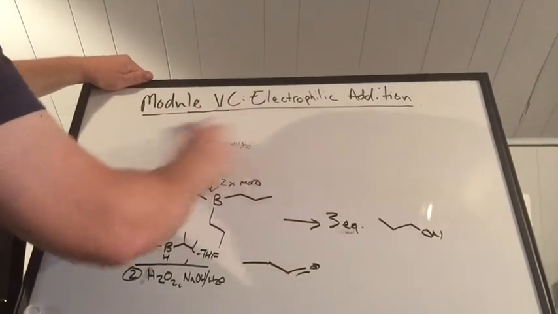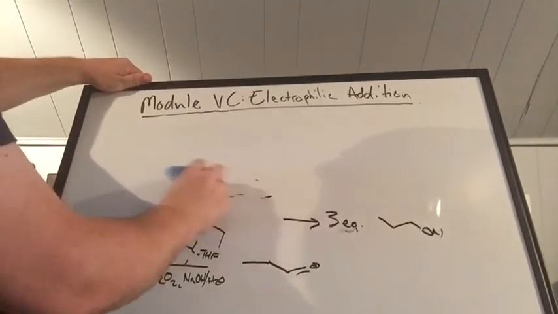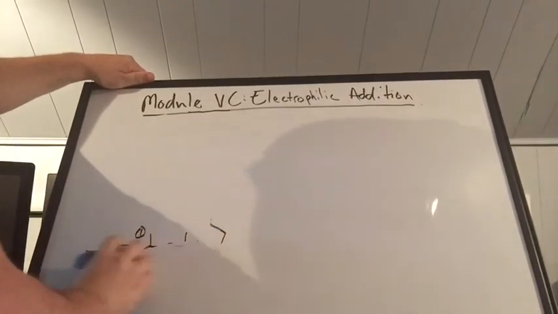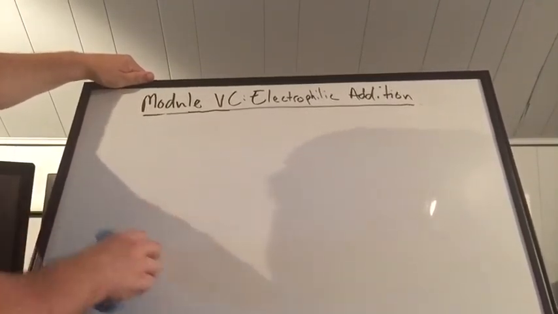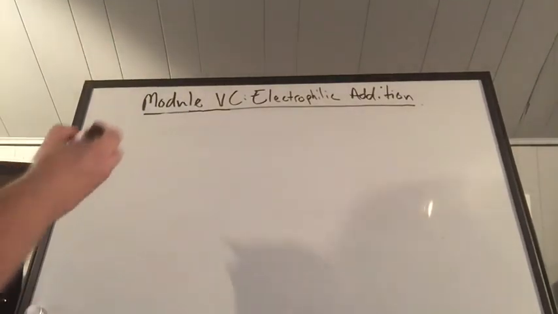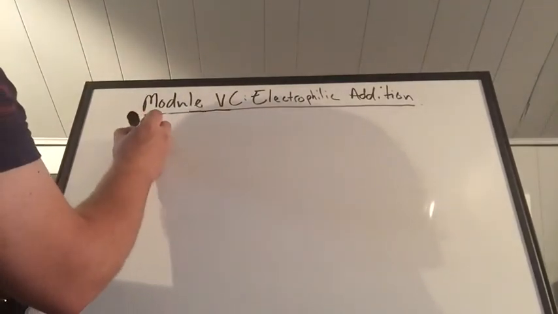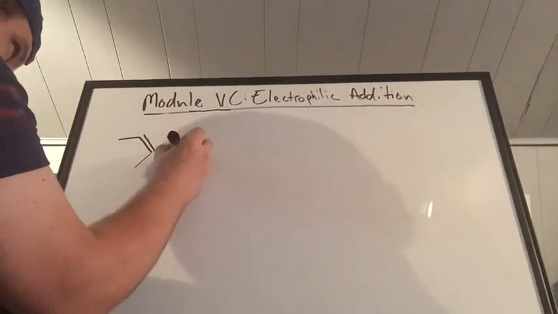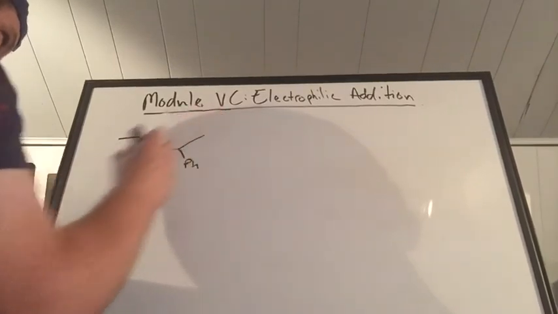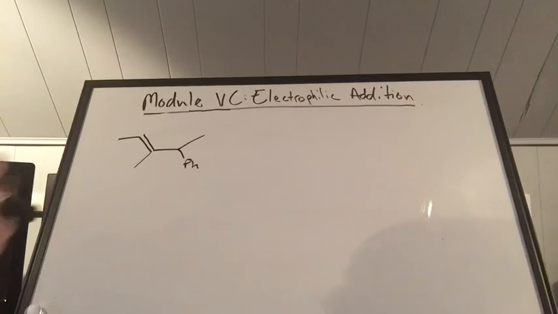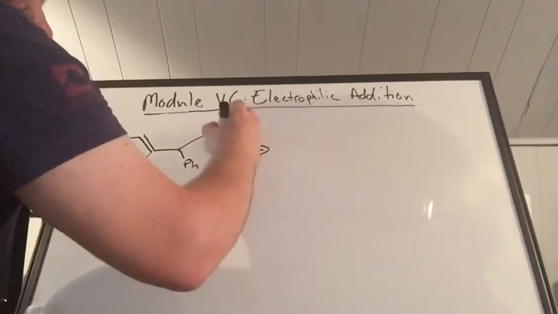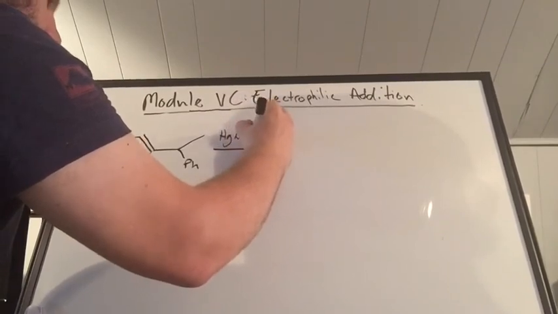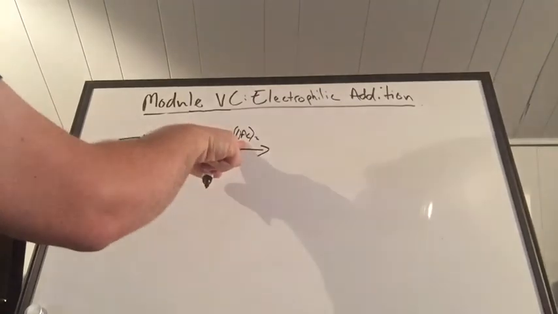the final hydration option I'm going to show you is one where, so we've gone over Markovnikov, anti-Markovnikov. Now we're going to go over an example in which, let's say, you're trying to hydrate an alkene, but you don't want any rearrangement. You would use, so this is acetate, OAc.